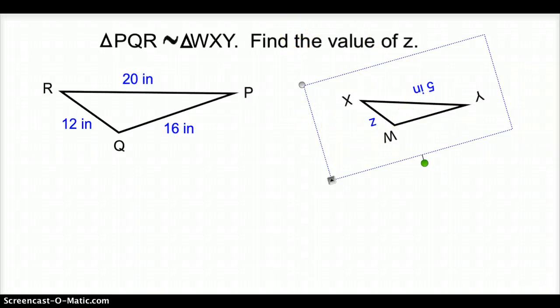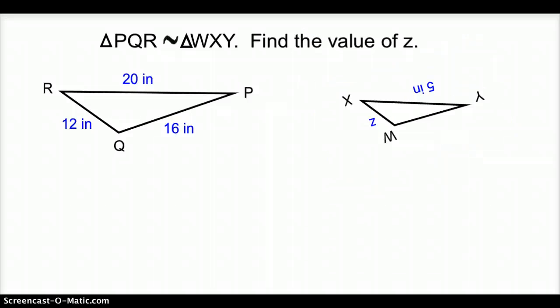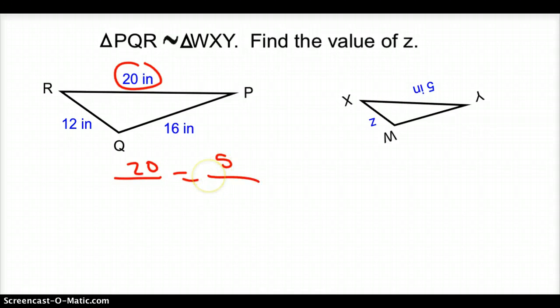So the very first thing that we want to do is to make a proportion. Our proportion goes, I'm going to use the long side, 20, over, and then equals, what is that side over here? It's 5 over, and I'm also going to use this side because that's my letter.